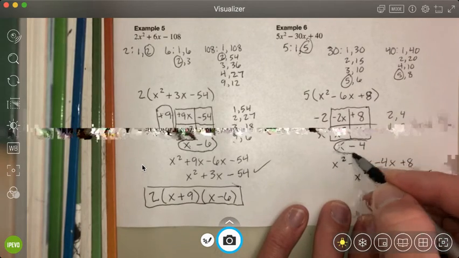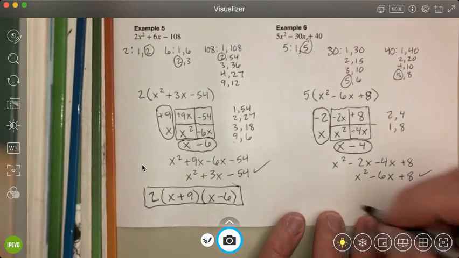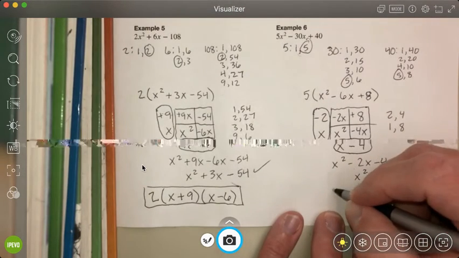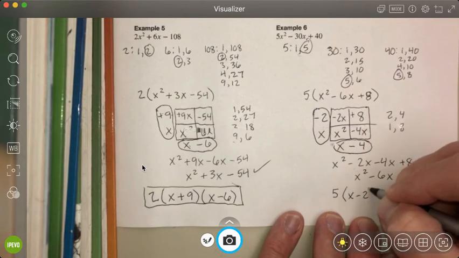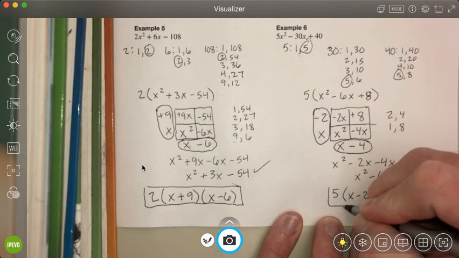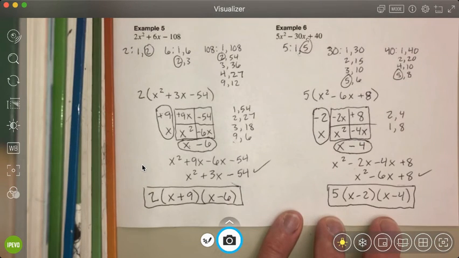So now we've got our 2 factors right here. And we also have that 5. So we know that our final factored form, our complete factored form, is going to be this. All right, and those are all the big pieces.